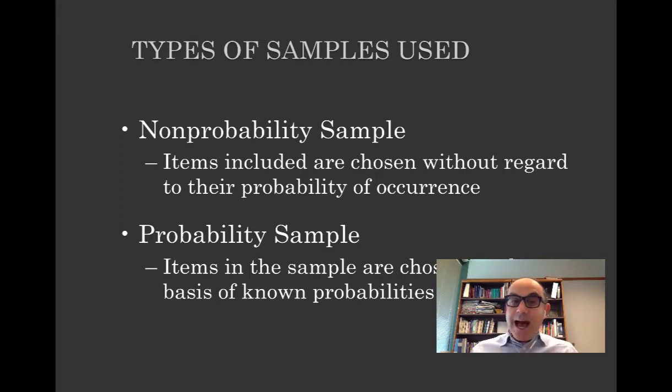In a non-probability sample, the items included are chosen without any procedure, without knowing the probability of who we are going to select. In comparison, in a probability sample, we need to know exactly the probability that we are selecting from that group or other groups.